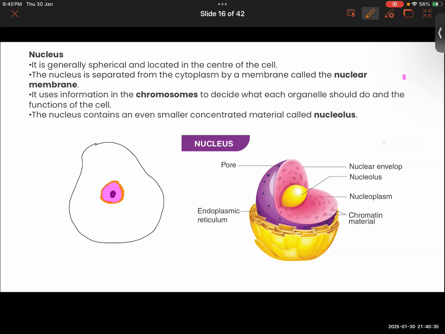Eukaryotes. Eukaryotes, good. And this right here is the cytoplasm. That's the cell membrane. And this over here is the nuclear membrane. That's the nuclear membrane. And this here, that is nucleus. So I'm saying that the nucleus here is separated from the cytoplasm, the jelly-like fluid that is present around it.